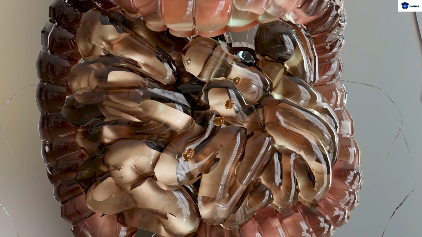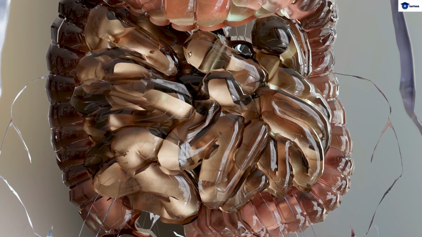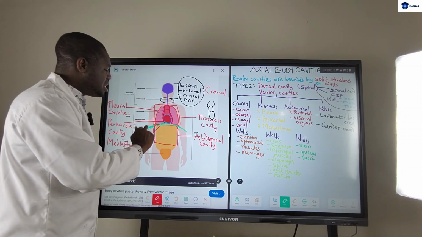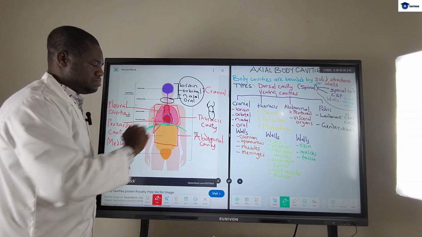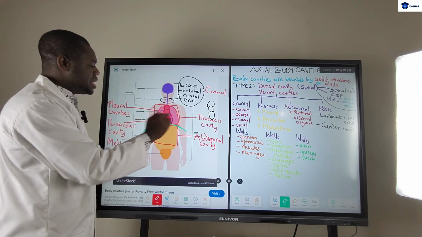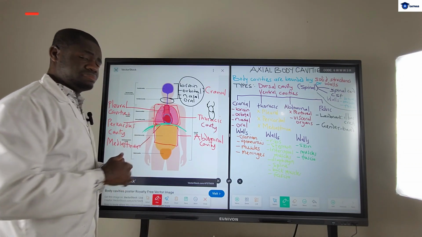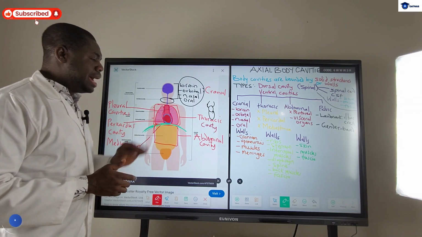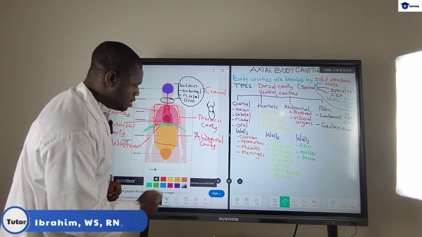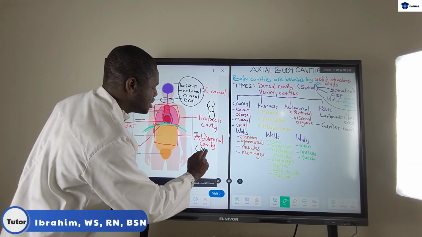Abdominal cavity is the cavity that is just below the diaphragm. It is separated from the thoracic cavity by this diaphragm. Abdominal cavity contains peritoneal cavity.